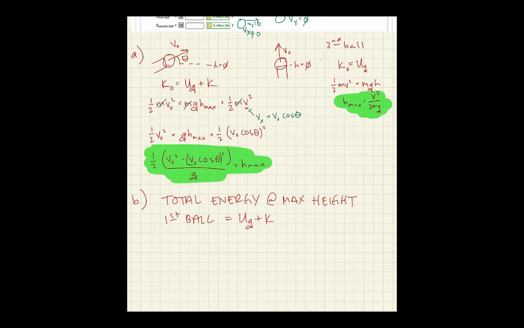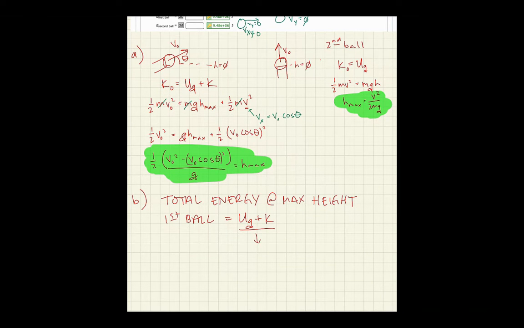Effectively, it's this value, UG plus K. Well, if I'm paying attention, I actually know that that is equal to the initial kinetic energy anyway. And so I don't actually need to solve for UG plus K.